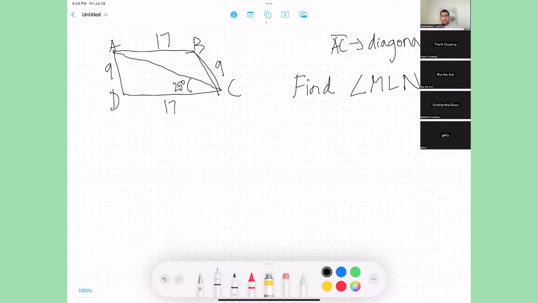This problem is a direct application. We'll go for 2 minutes, and then we'll discuss it.